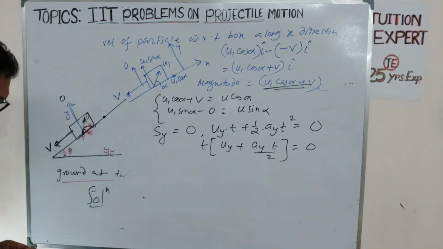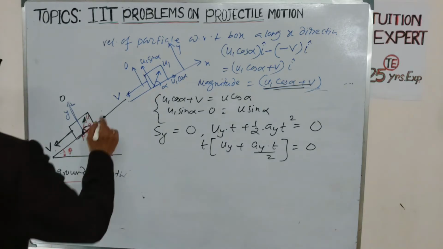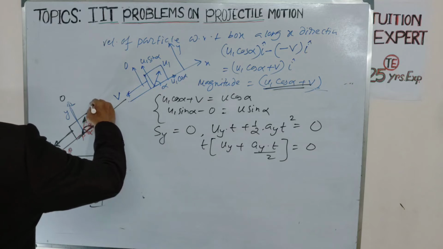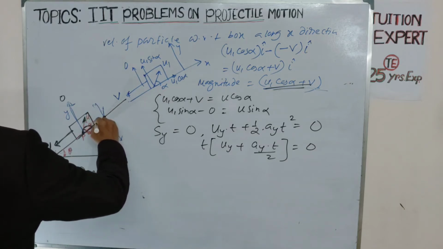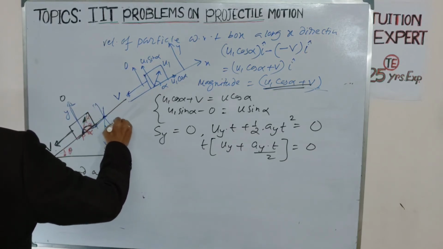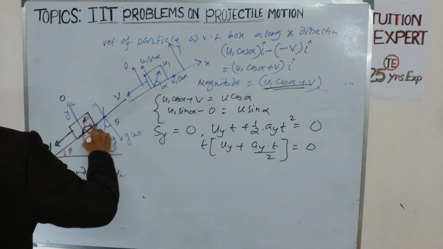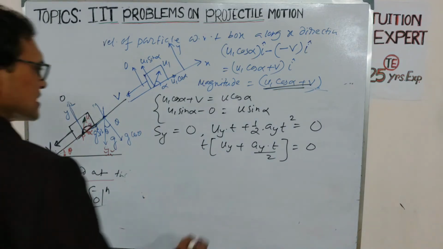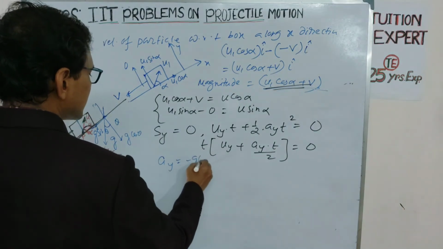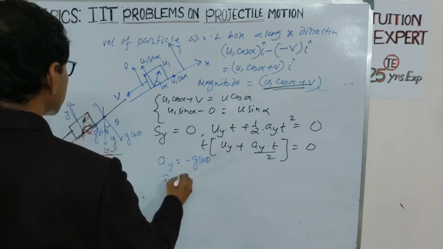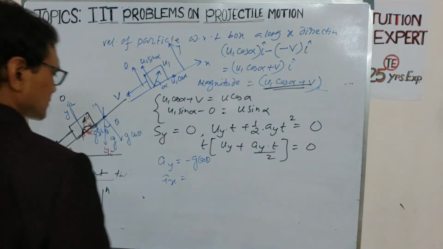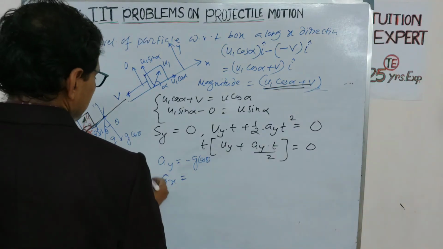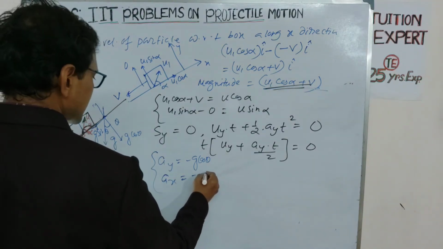Suppose the acceleration is g, acting in this direction. This is the y direction, this is the x direction, and this is theta, so this component will be g cos theta and this will be g sin theta. So the acceleration along y direction is minus g cos theta, and the acceleration along x direction is minus g sin theta.